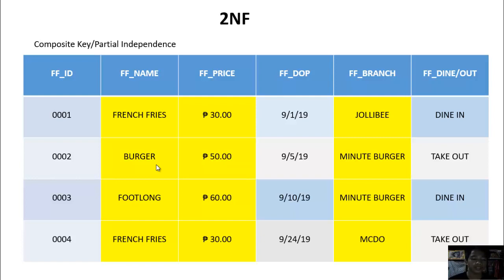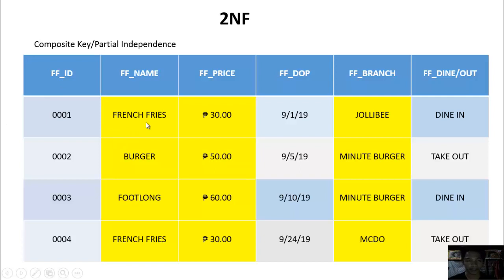As stated earlier, the normal forms are progressive. To achieve the second normal form, the table must already be in the first normal form. The other requirement for second normal form is that you cannot have any data in the table with a composite key that does not relate to all portions of the composite key.